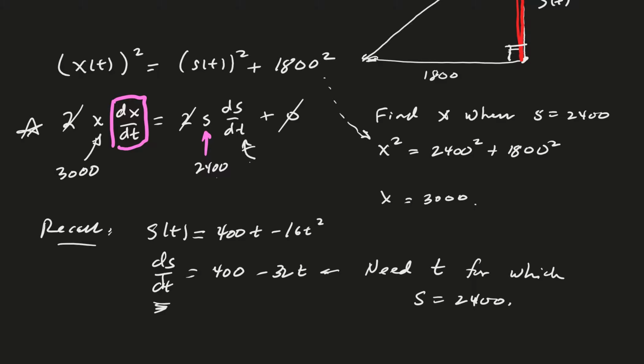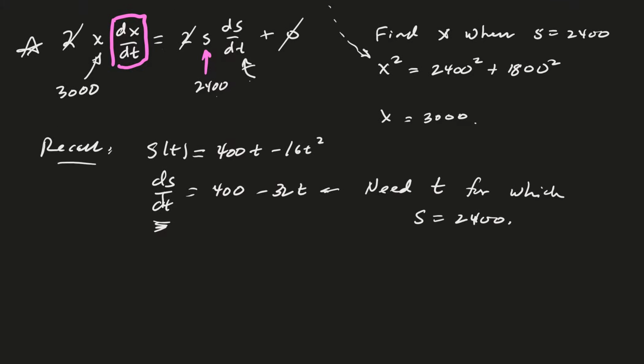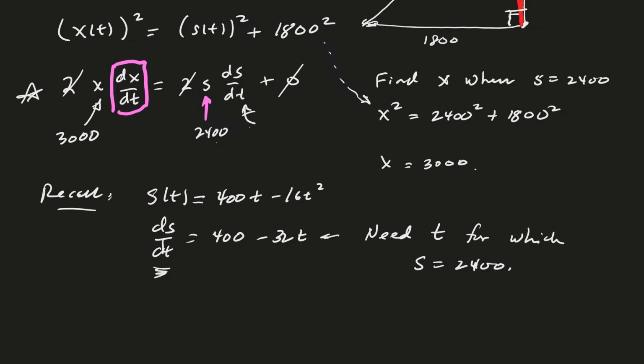Good. Okay. So let's see. How am I going to do that? Well, I know that S of t is the original equation, so I'm just going to substitute 2400 in for s and see what I get. So I'll have 2400 equals 400t minus 16t squared.